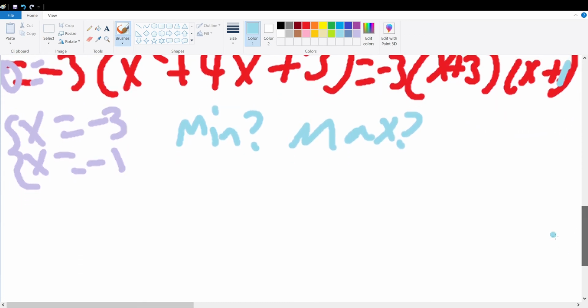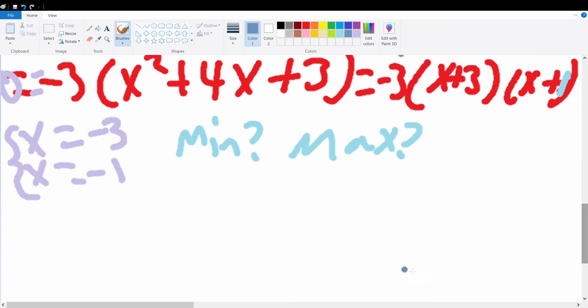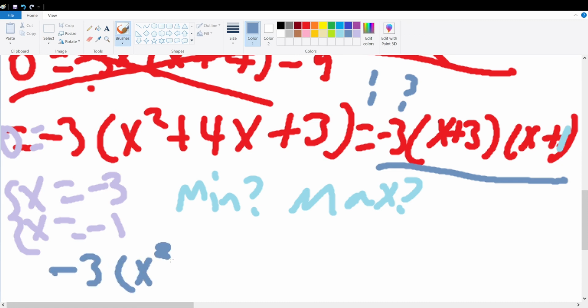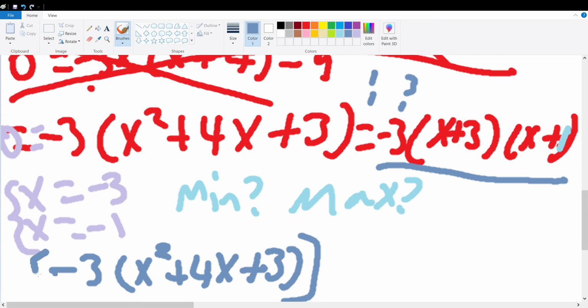To find out whether x equals negative 3 is a minima or x equals negative 1 is a minima or maxima, we have to take the double derivative. We have to take the derivative of the first derivative that we have already taken. So negative 3 times x squared plus 4x plus 3 has to be taken to another derivative.